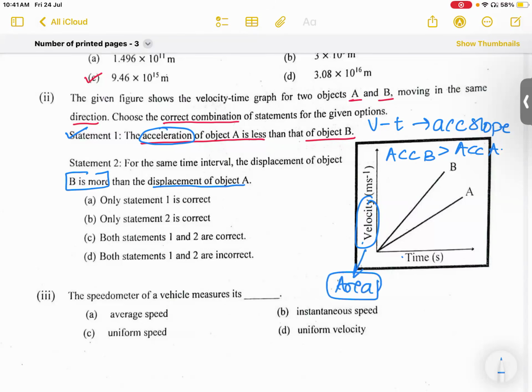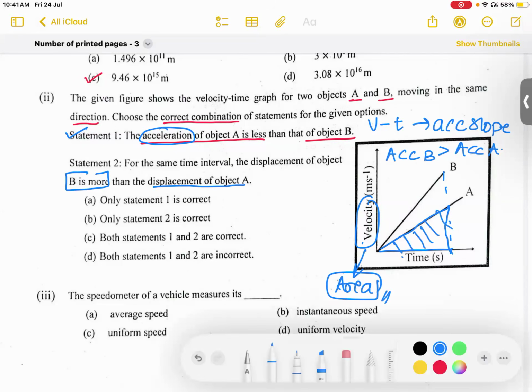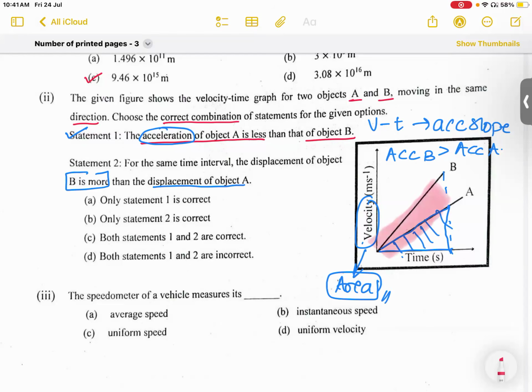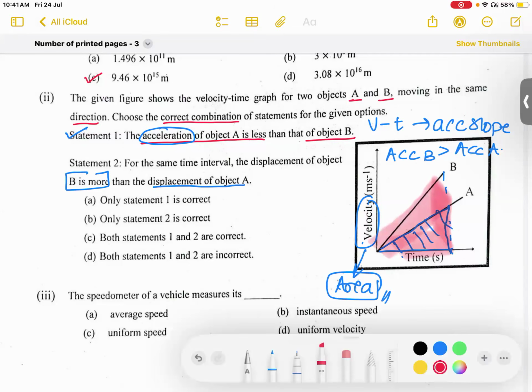So when you calculate area, they have instructed for the same time interval. Let's say that we are trying to talk about this particular phase. So this becomes your shape one, the one which I have shaded in blue, and this becomes your shape number two. So right from here to here, this part. Can you see the red region, guys, is a little bit bigger as compared to the blue one?